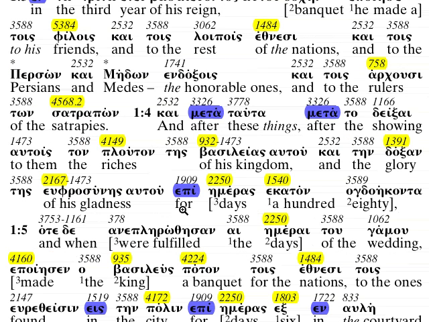Epi, for. Now, if that wasn't there, it would be in the glory of his gladness, 180 days. So it could be without it, but it has it here, for 180 days. Now, epi in other places you'll see is upon. In this case, it's for. We will go through the rules more or less when we get to each individual preposition. I'm just showing you here in this chapter where the prepositions are.